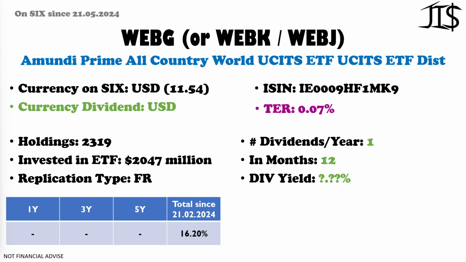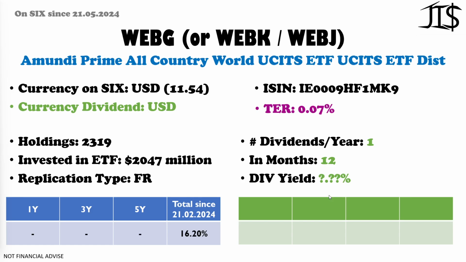I saw the past year in 2024, at the end of the year, we didn't see a dividend, so Amundi still needs to come through with the dividend, and probably then the first dividend will be way too high because it's already more than a year that it's collecting the dividends. And the dividend yield is still a question mark. So everything is empty in this dividend information graph.